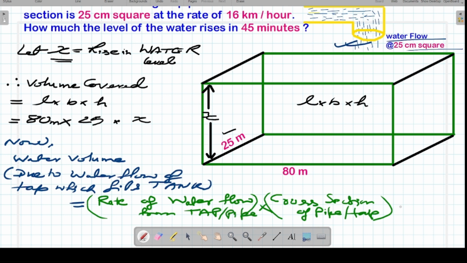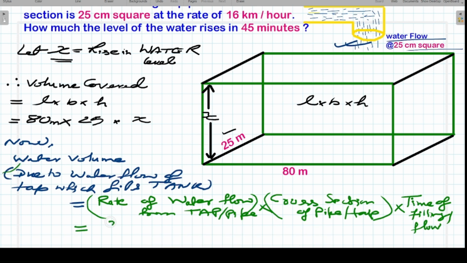The cross section is given as 25 centimeter square, and the time for which it is allowed to fill is 45 minutes. But make sure you arrange the units accordingly. You should convert kilometer into meter, 45 minutes into hour, and centimeter into meter.